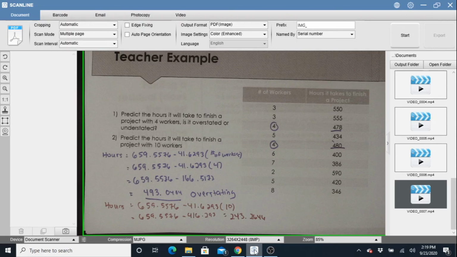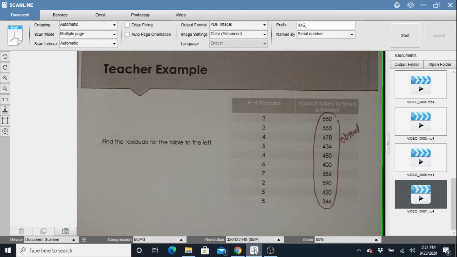To find the predicted, what I need to do is put each one of these points into my line of best fit and find out what the line of best fit says it's predicting. And then that would be the predicted value. And the residual is literally the difference between these two values.